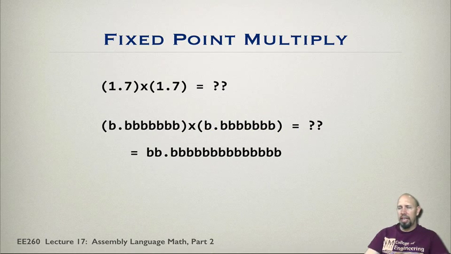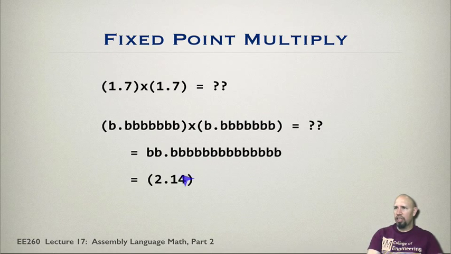When I multiply 8 bits by 8 bits, I'm going to get a 16-bit thing. So altogether I need 16 bits. So in general, the result is something in the fractional form 2.14. 2 bits to the left of the radix, 14 bits to the right. So in general, when I do a multiply, I expect that's the result I get.